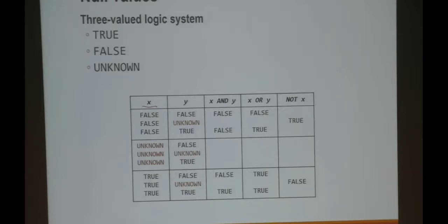I want you to guess the value. I have 3 possible values. This is for true, it's in blue. This is for false, F. Okay? And for unknown or null, I'm using green with a question mark.